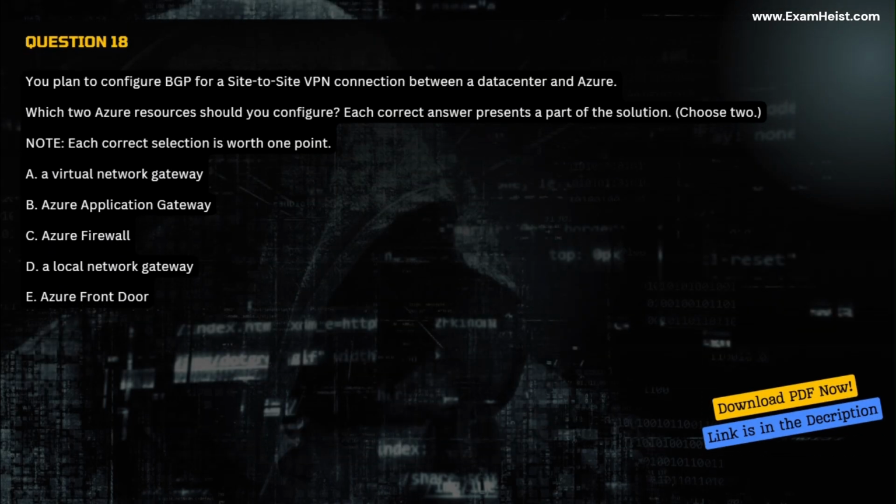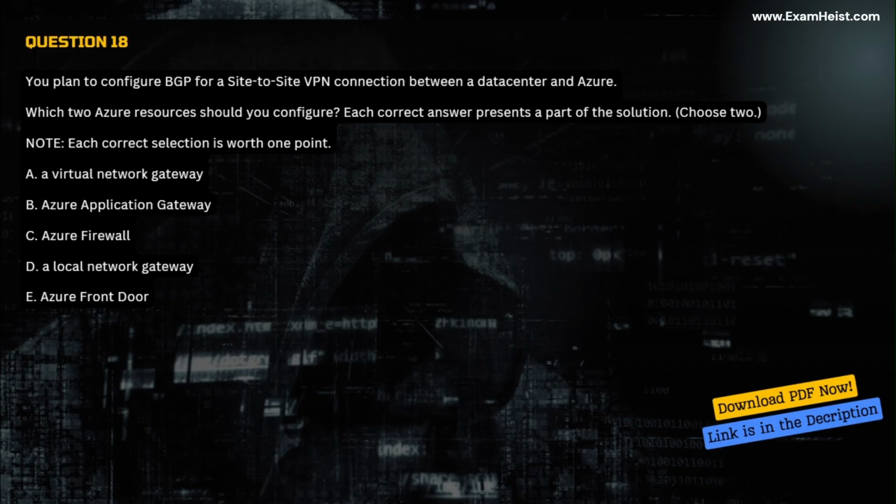Question 18. You plan to configure BGP for a site-to-site VPN connection between a data center and Azure. Which 2 Azure resources should you configure? Each correct answer presents a part of the solution. Choose 2. Note: each correct selection is worth 1 point. A. A virtual network gateway. B. Azure Application Gateway.